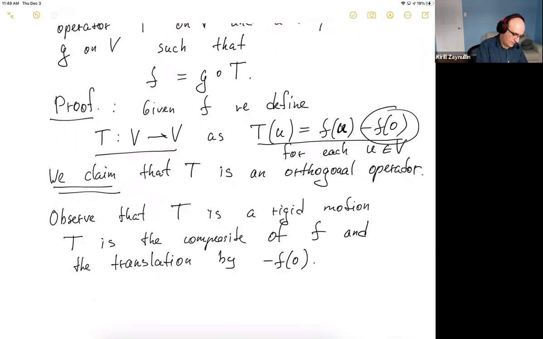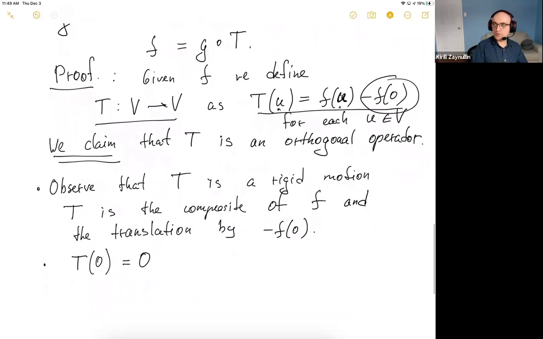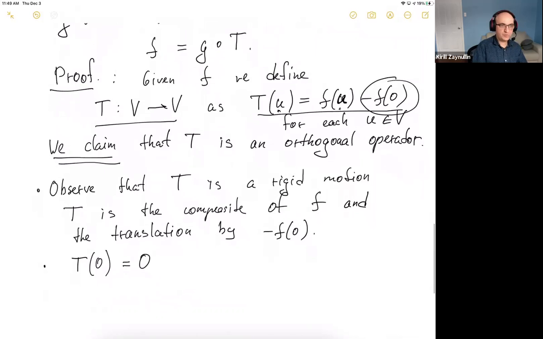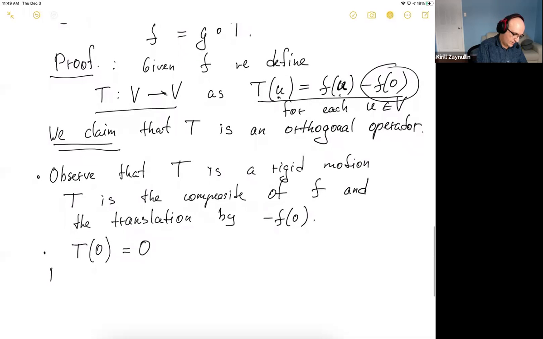Moreover, what we also can see immediately is that if we just evaluate T at 0, we substitute the 0 here, what do we get? We get 0. So T is a rigid motion which preserves 0, right? And now for every vector u from V, let's compute T of u.